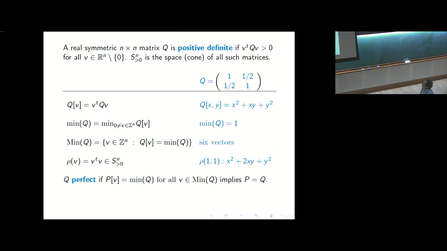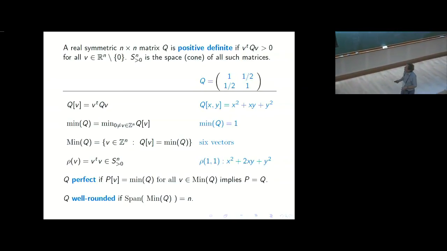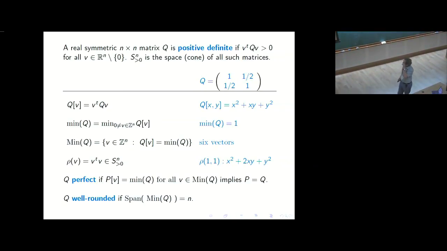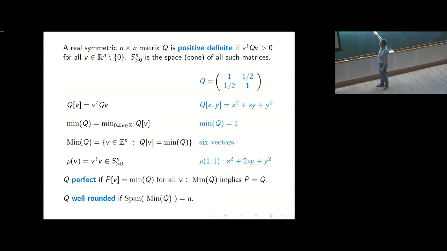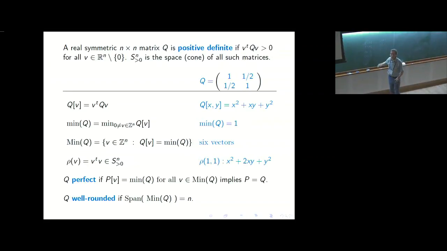It's perfect if whenever you give me a form P such that for all of the vectors v in min Q, the value of P equals the minimum of Q, that implies P is equal to Q. So if Q has that property, it's said to be perfect. There's another word I need. Q is well-rounded if the span of these vectors is R^n. In this case, n is equal to 2.